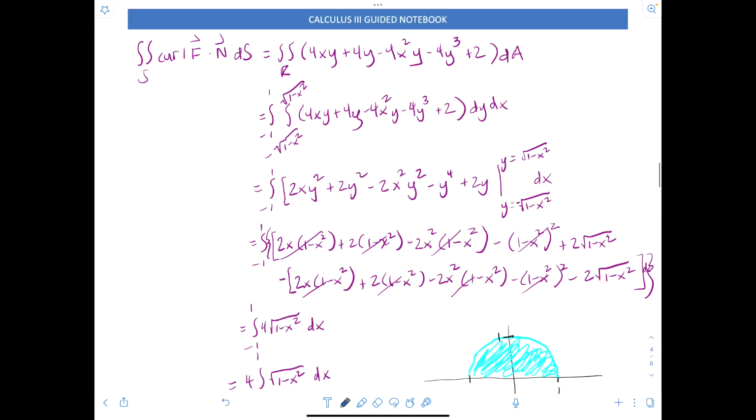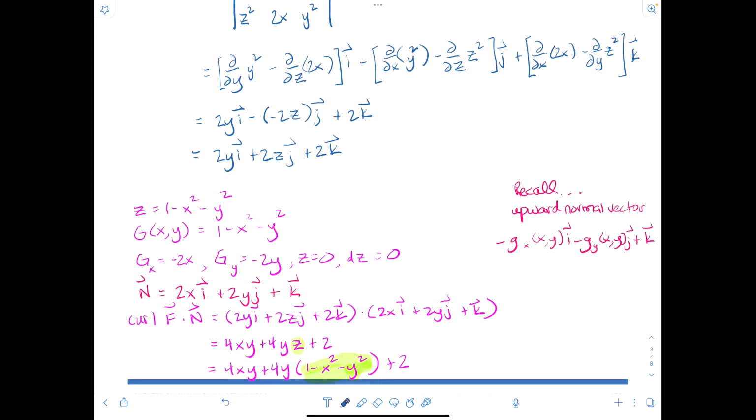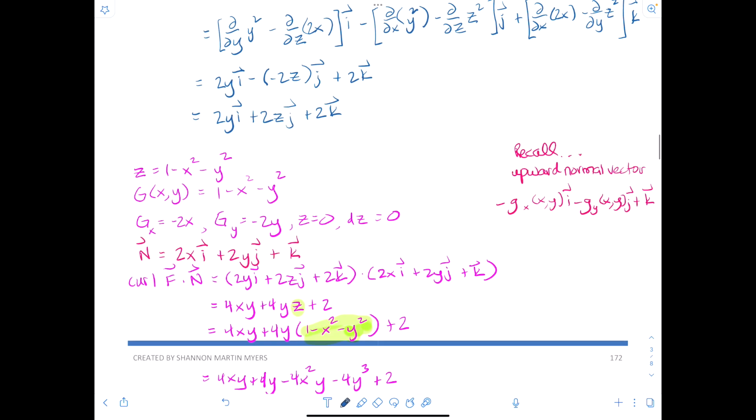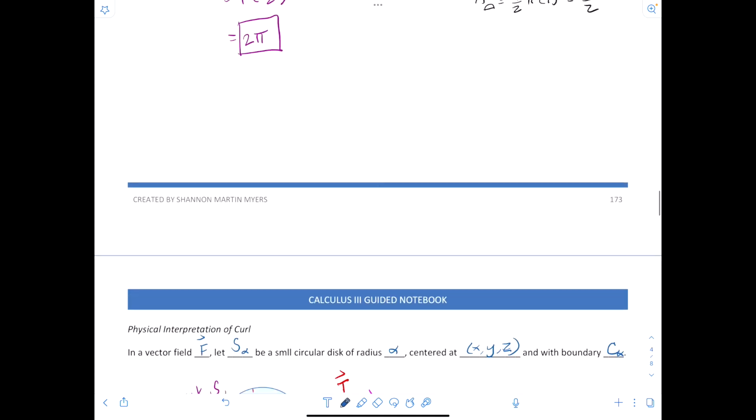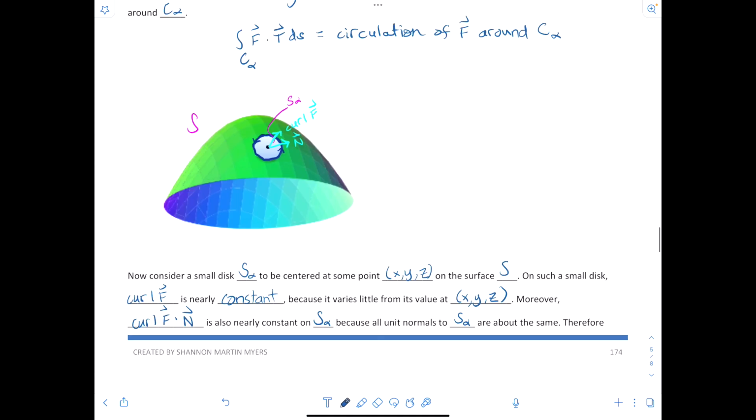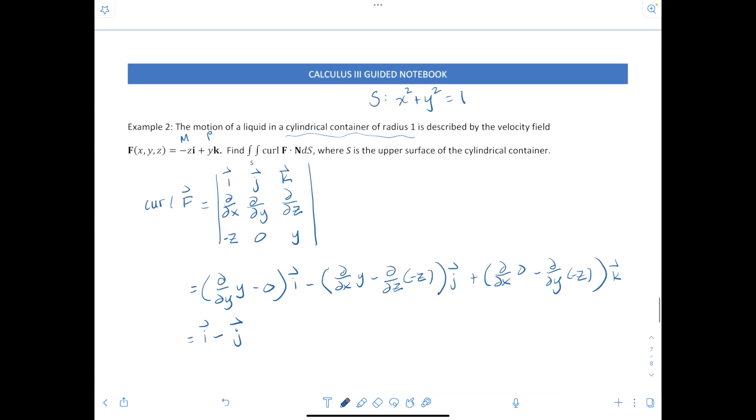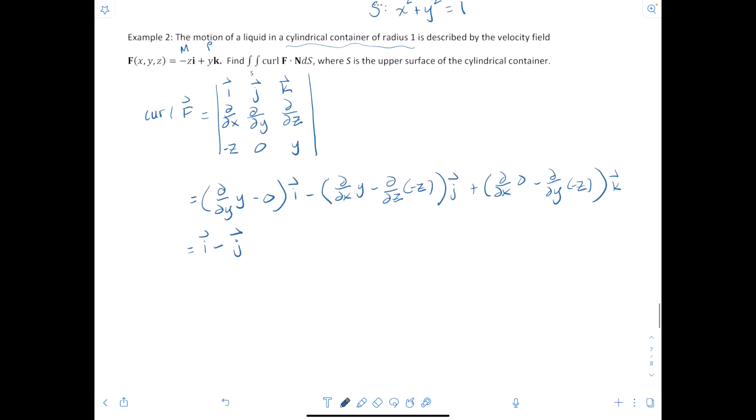And so remembering that one formula, right? Where was it? Up here, upward normal vector. If we find that the first partials with respect to x and with respect to y of i and j, I mean, we're not going to get anything from this field. And so we're just going to let n equal k because the other parts zero out.